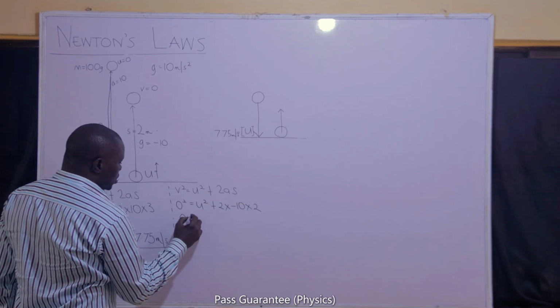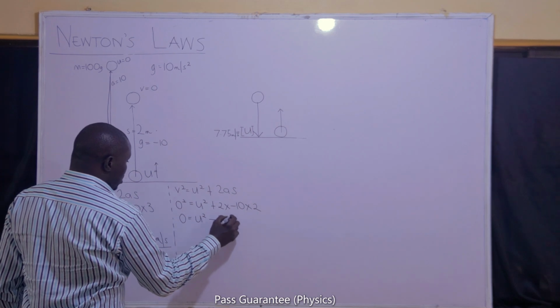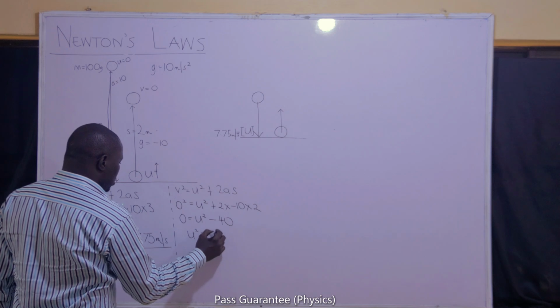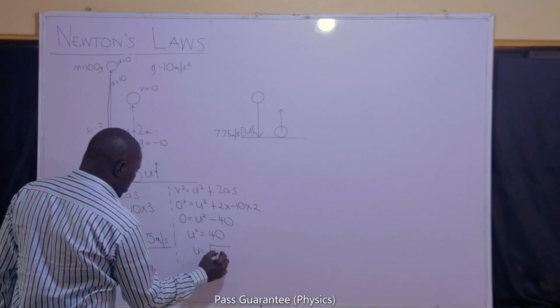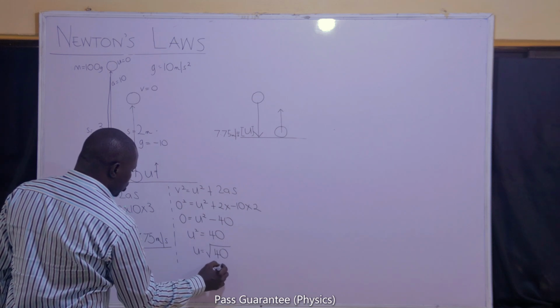We have 0 is equal to u squared minus 40. That means u squared must be equal to 40, and u must be equal to the square root of 40, and the square root of 40 is 6.32.